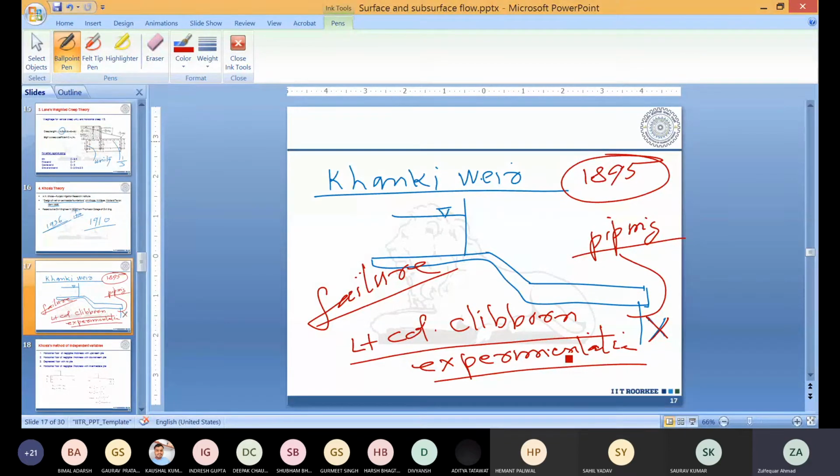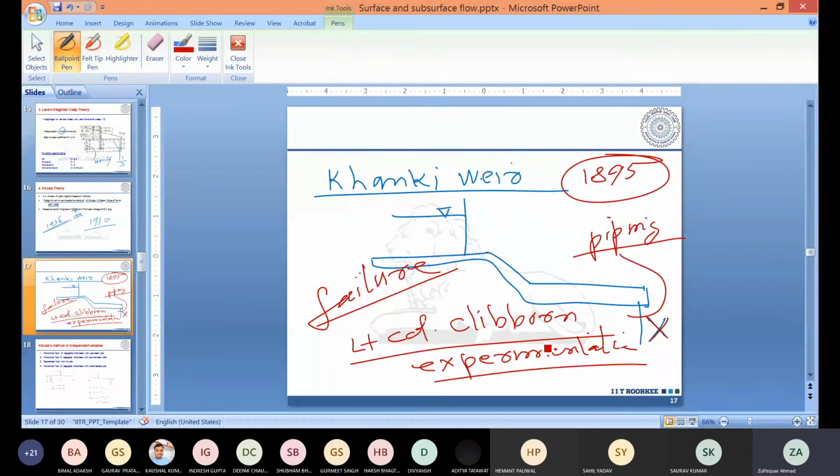But the result is not documented. They tried, but the result is not documented. Later on the Bligh and Lane theory came, and finally in 1936 this Khosla theory.